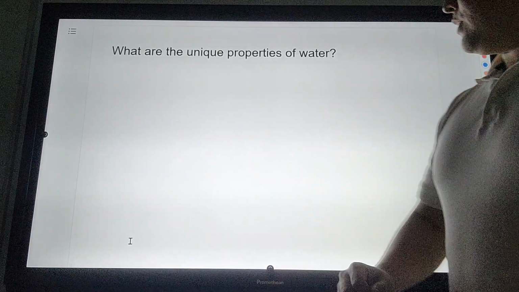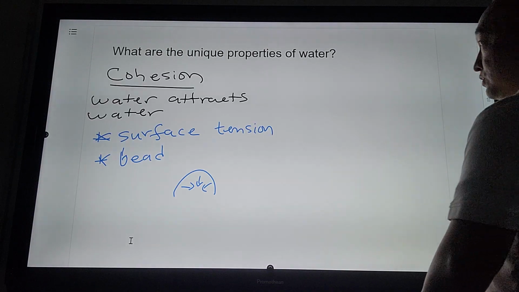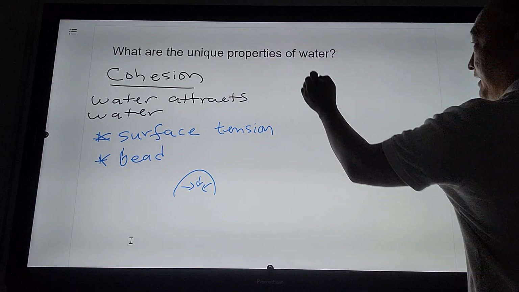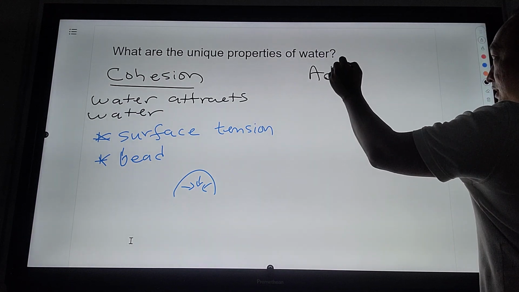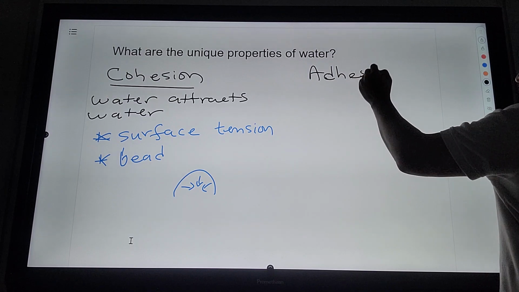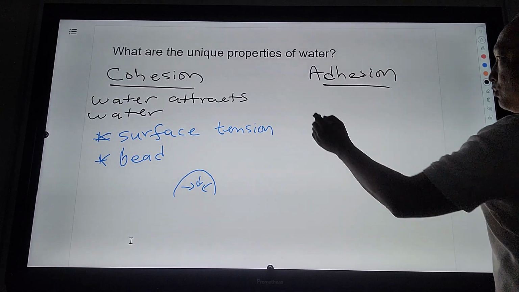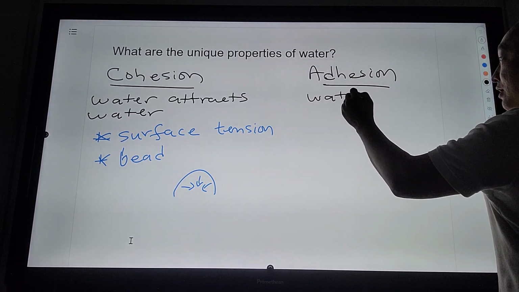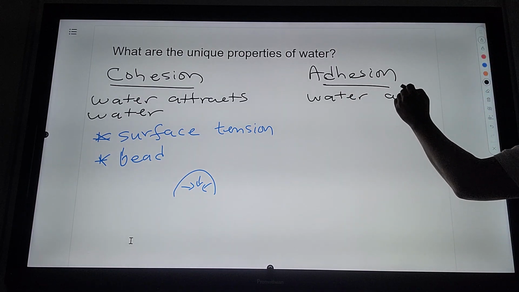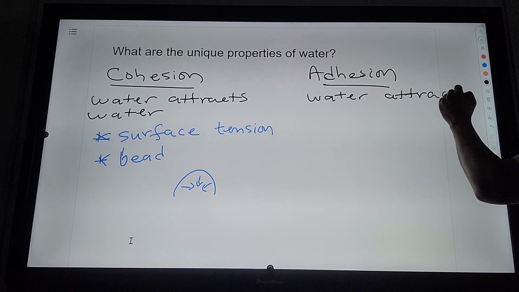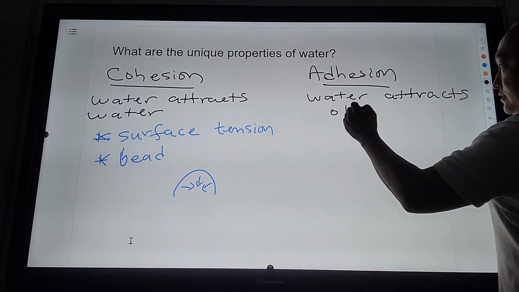Okay. All right, so our next example we're going to take a look at is adhesion. Adhesion is our next property of water. And this is where water attracts other substances that are not water. Water attracts other things.